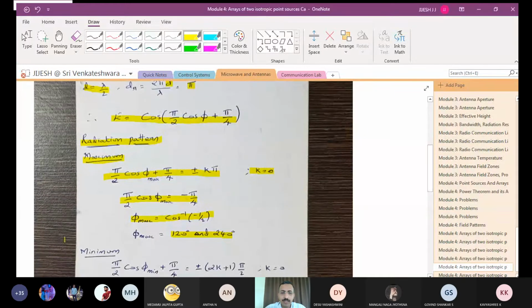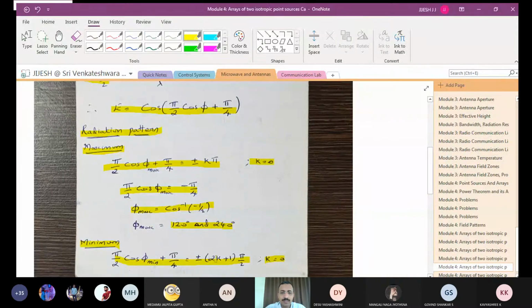So you are going to get the equation to find the minimum value, where x is pi by 2 cos phi plus pi by 4. So pi by 2 cos phi minimum plus pi by 4 is equal to plus or minus 2k plus 1 times pi by 2. Here we are assuming that k is equal to 0.